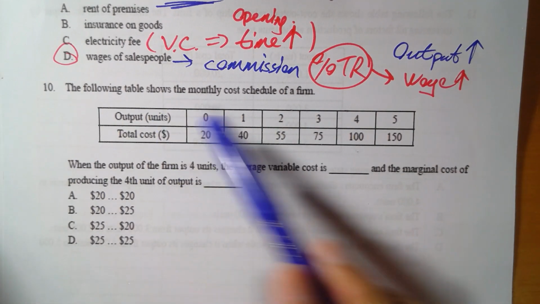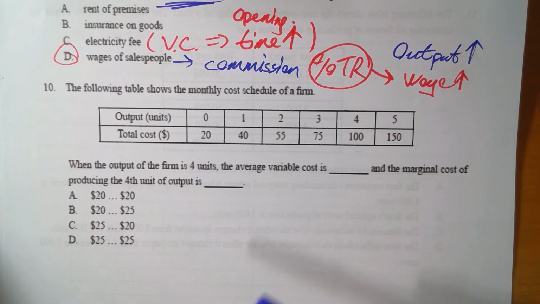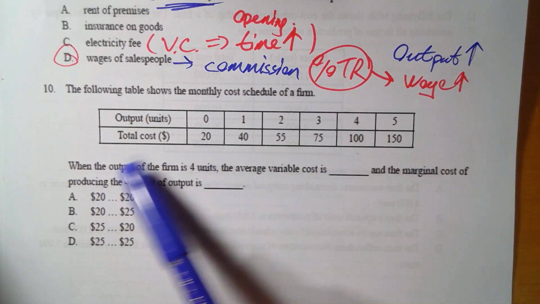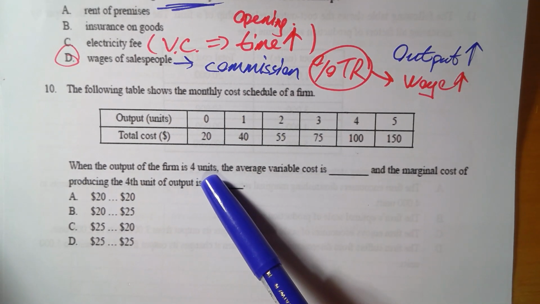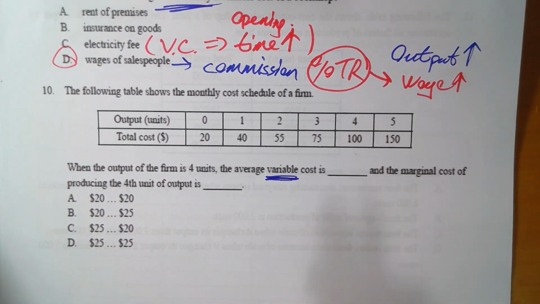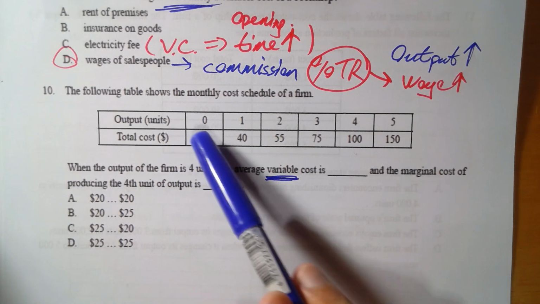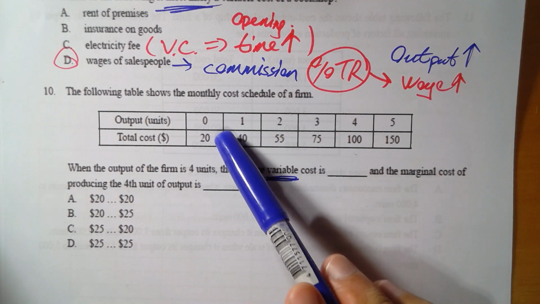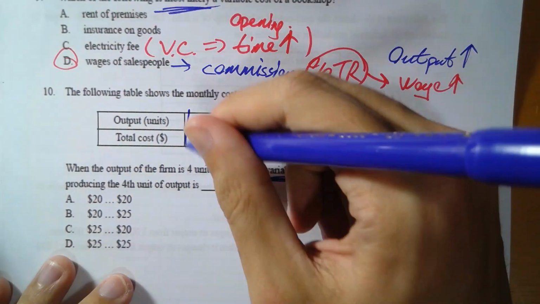Here we have a table. With a table. 又嚟啦。When output of the firm is 4 units, the average variable cost. 嗱，小心啲啦，得唔得？小心啲啊 variable cost. So here you are given the total cost, but then you see something strange here.